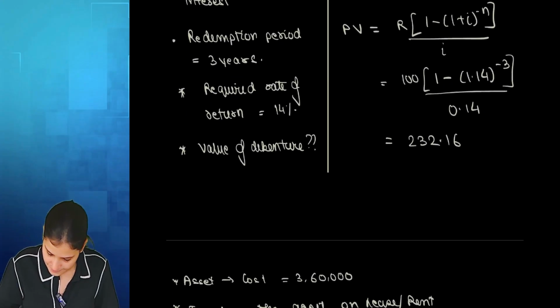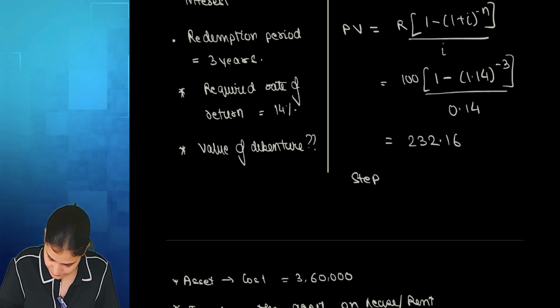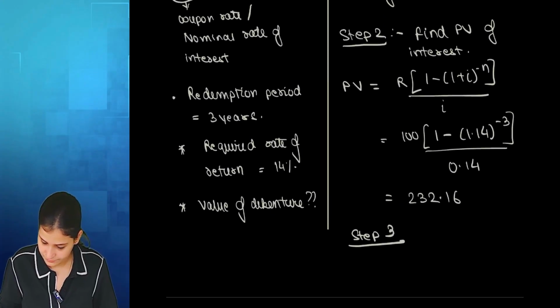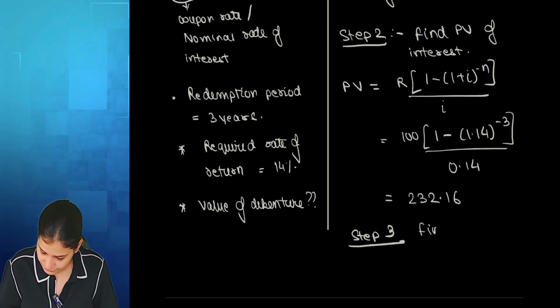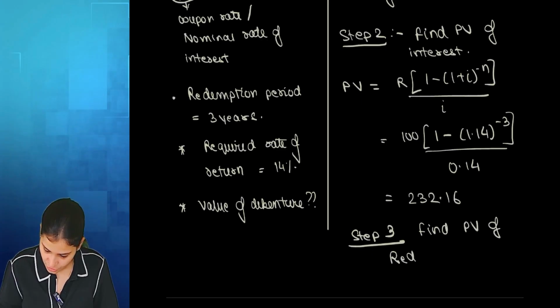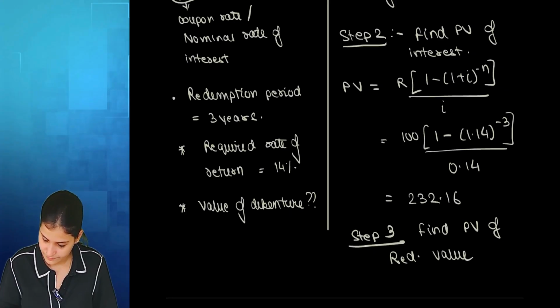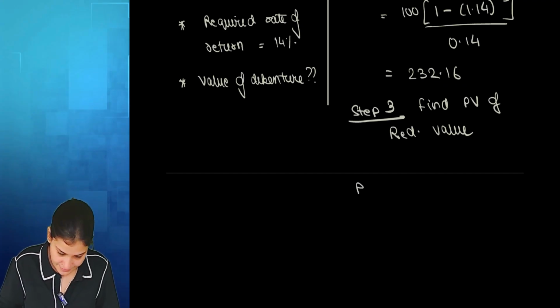So again, step 3. Find present value of redemption value or returning value. So present value is what?